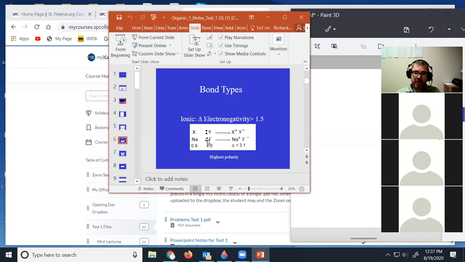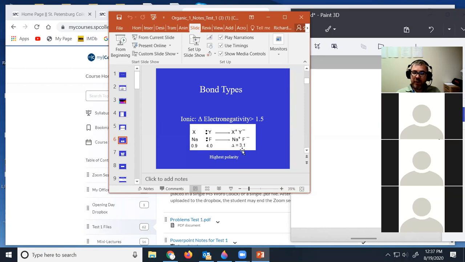Does anybody have any questions so far? Can you hear me? Yes, I can hear you. So the bigger the change in the Pauling scale, the number there, would that also mean the stronger the electrostatic bond between the two? Yes, that's right.